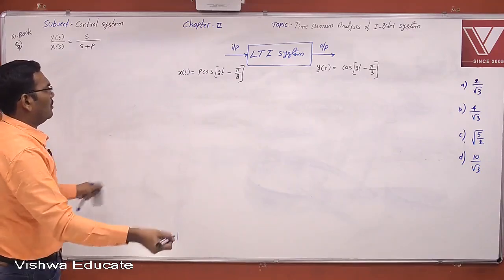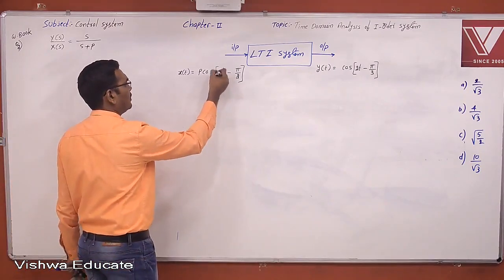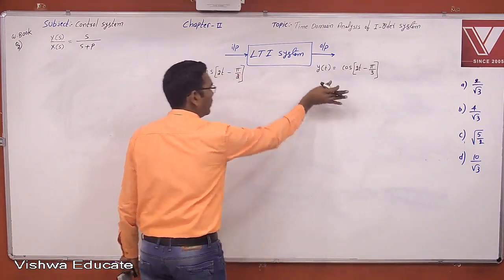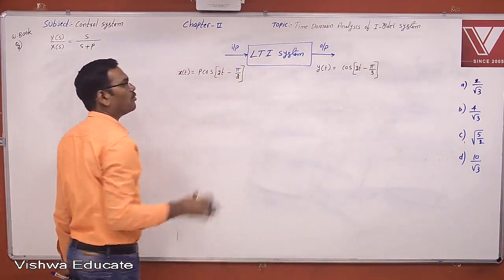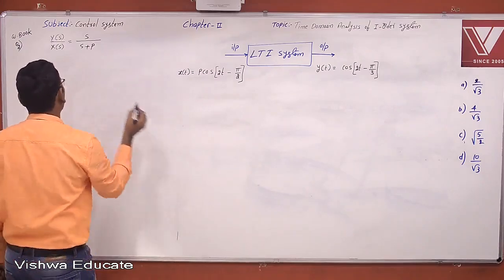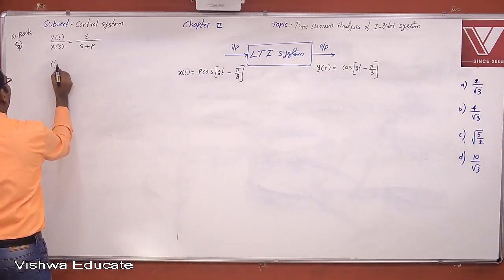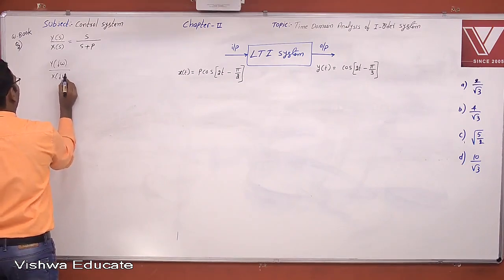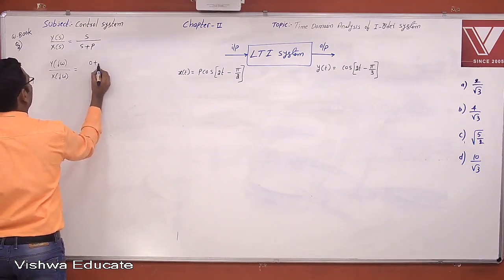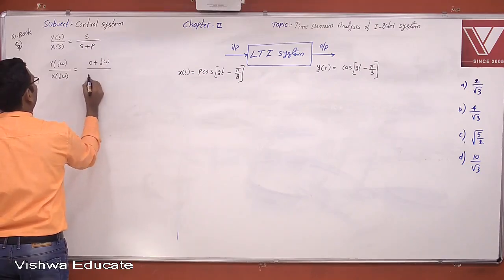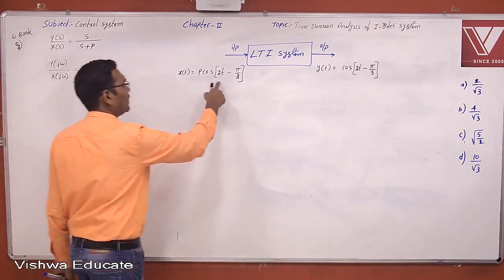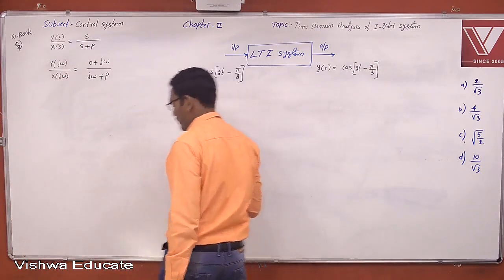Here also, what is the frequency of oscillation? 2 radians per second. Now forget about this. You find what the output should be for the given sinusoidal input. Now Y of j omega by X of j omega equals 0 plus j omega by j omega plus p, where omega equals 2 radians per second.